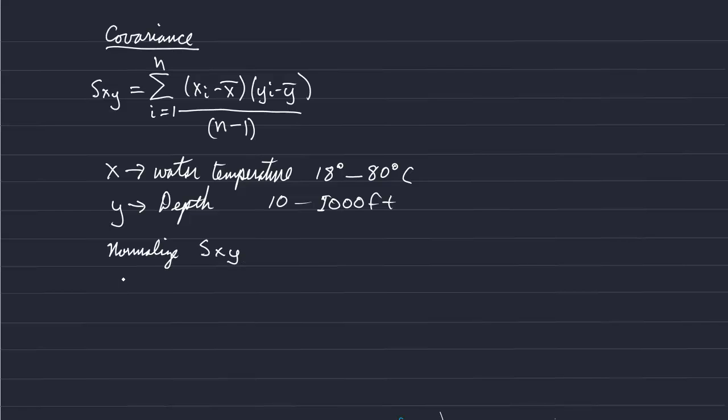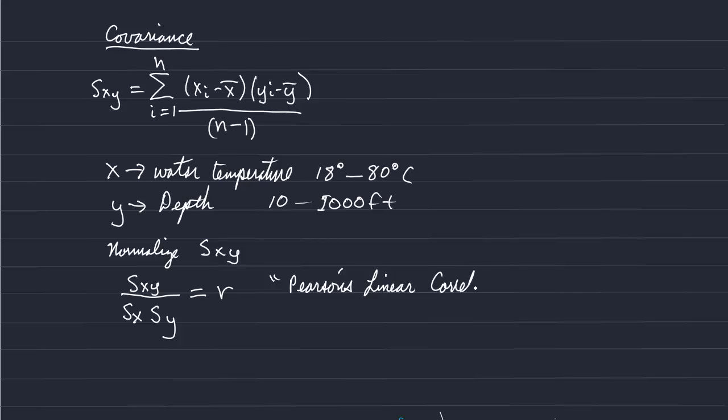A smart way to normalize it would be by the standard deviation of X times the standard deviation of Y. And that gives R, which is Pearson's linear correlation coefficient, or just correlation coefficient for short.